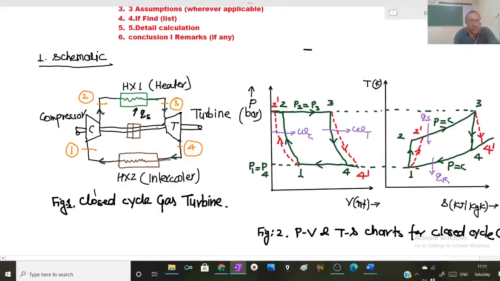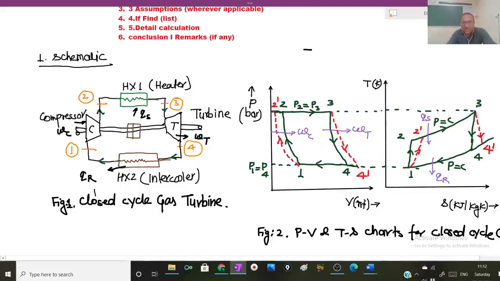Then 3 to 4 is isentropic expansion, and turbine will give you specific work output. 4 to 1 is constant pressure heat rejection in the intercooler. And once again, process 1 to 2 is isentropic compression. So this small schematic of the closed cycle gas turbine you can draw.